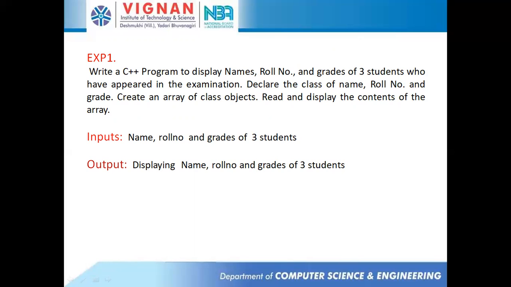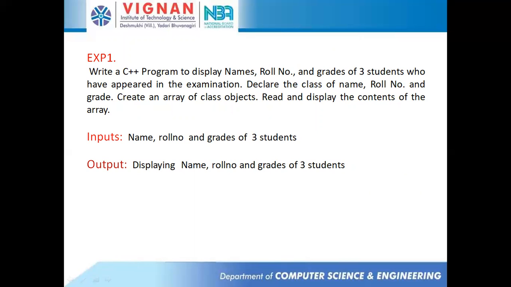In order to store the 3 students' details, we are going to use the array of objects concept. You know what is meant by an object. An object is an entity which stores the information of one entity. Let us take one student as one entity, because we have 3 students, so we need to create 3 objects.